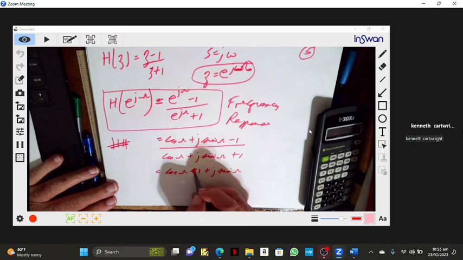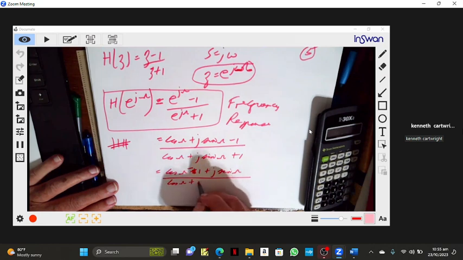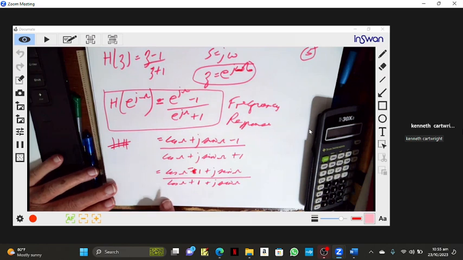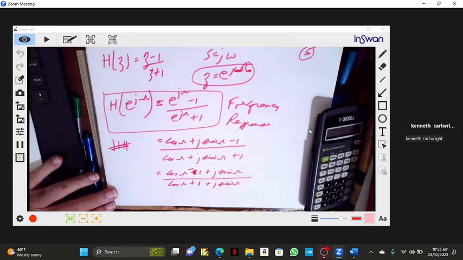And the bottom one is cosine omega plus 1 plus j sine omega. Once you know that identity, then you should be able to find the magnitude. So find the magnitude of H for me now, please.